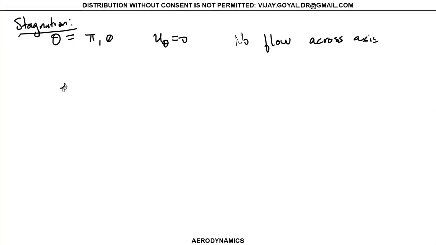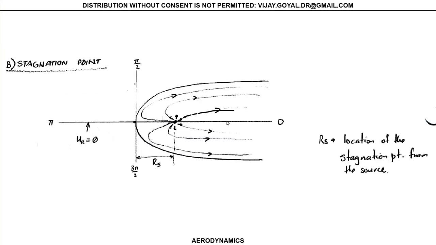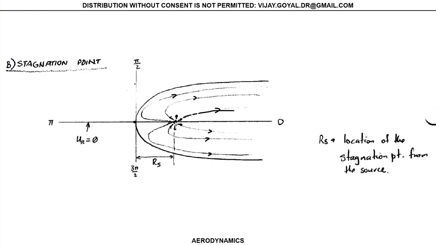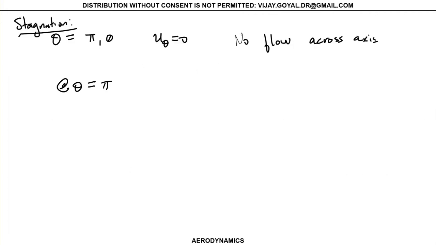Okay, so let's see what happens when theta is equal to pi. Why pi? 0 is in this direction, but my stagnation point is on this side, okay? So therefore, this is going to be pi. So pi from the location of my source, okay, is from this side. You can see I'm on this side. This is pi. If I was on this side, it would be 0.